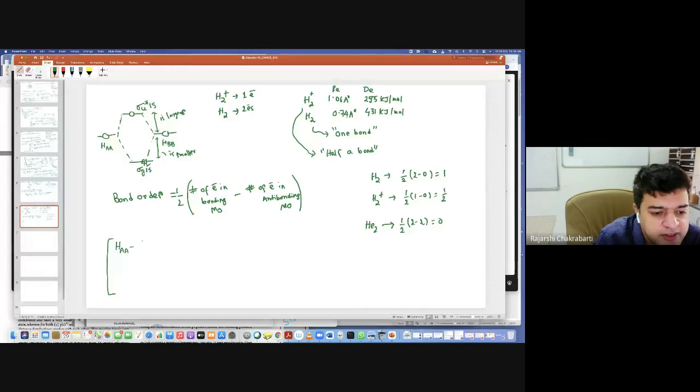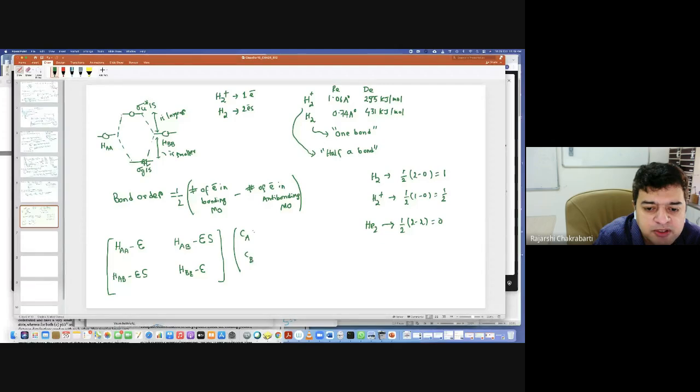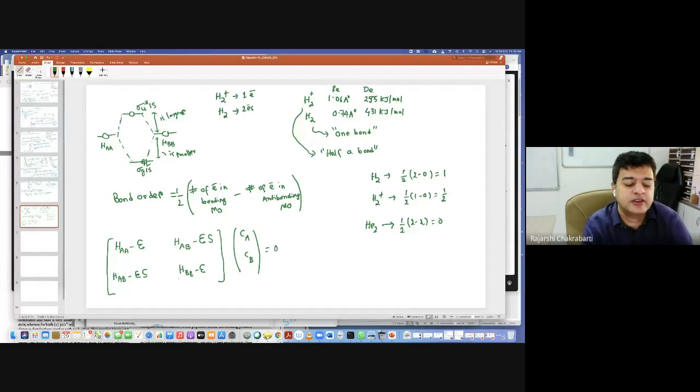HAA minus script E, HAB minus script E into S. Here we had HAB minus script E into S, and HBB minus script E. Please remember this expression. It is very useful. If I expand this, you know that I have to solve the determinant, which is equal to 0. This leads to this quadratic equation.